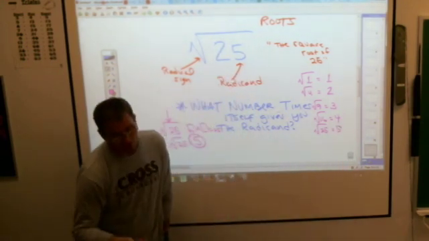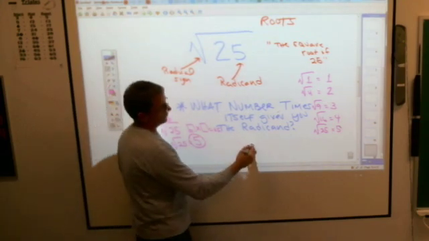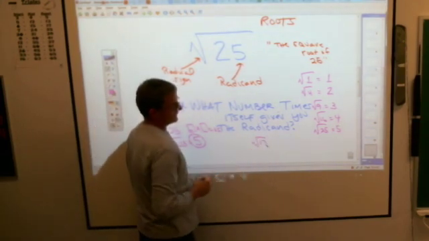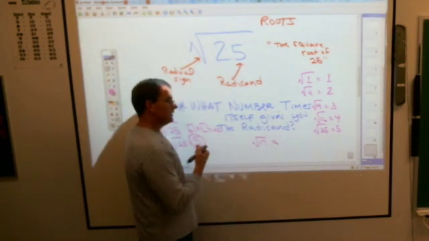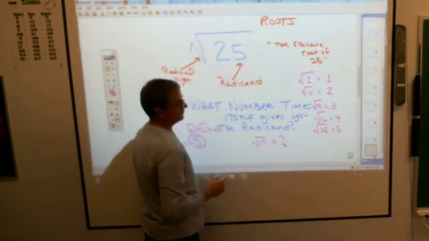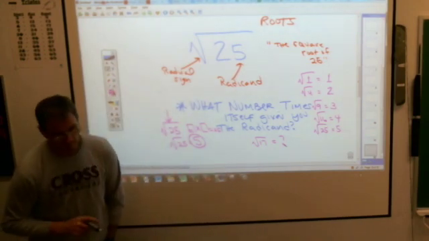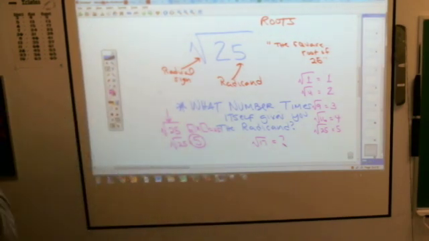Any square roots that fall between them, for example, the square root of 17, we don't particularly like. We can get pretty close to it, but for right now, you're not going to deal with that. Just know that there are only certain ones that work out, and those are the perfect squares. We call them the perfect ones.